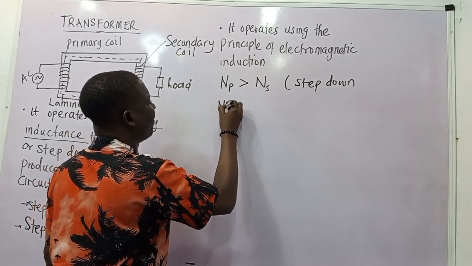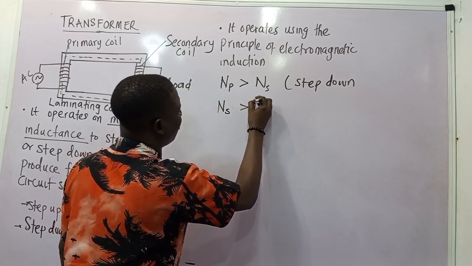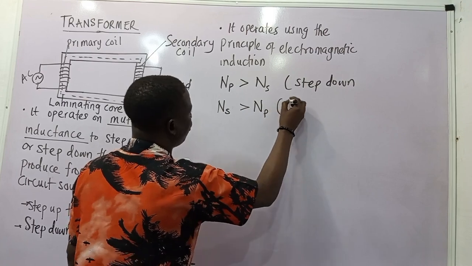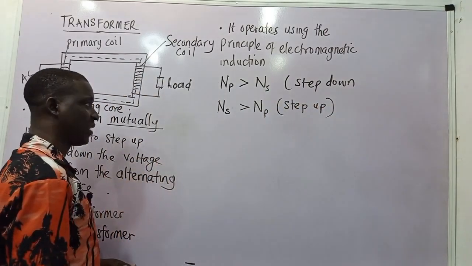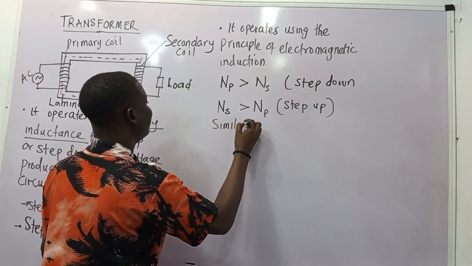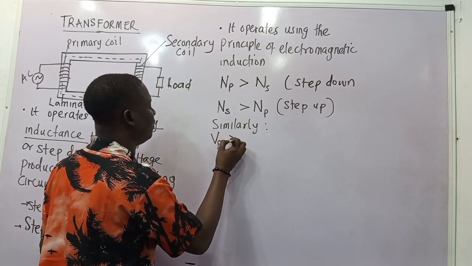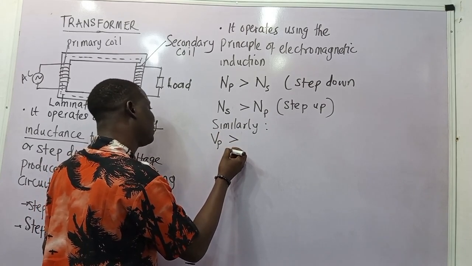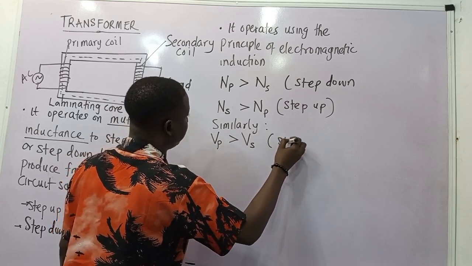But whenever the number of turns in the secondary is higher than the number of turns in the primary, we call it a step up transformer. Note that. Similarly, when the magnitude of voltage in the primary is greater than the voltage in the secondary, it is still step up.